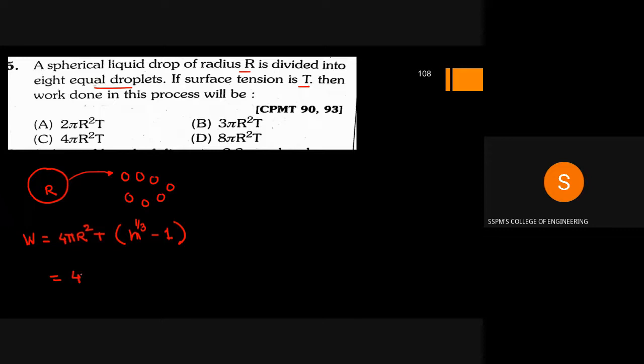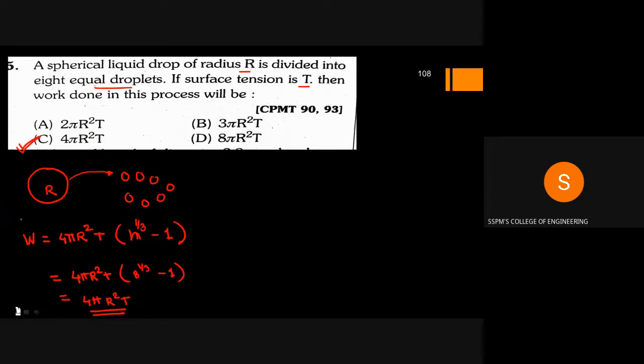So this is 4 pi r square T, 8 raised to 1 by 3, the cube root of 8, minus 1. So this is 2 minus 1. So the answer is 4 pi r square T. Your correct answer is option C, 4 pi r square T.